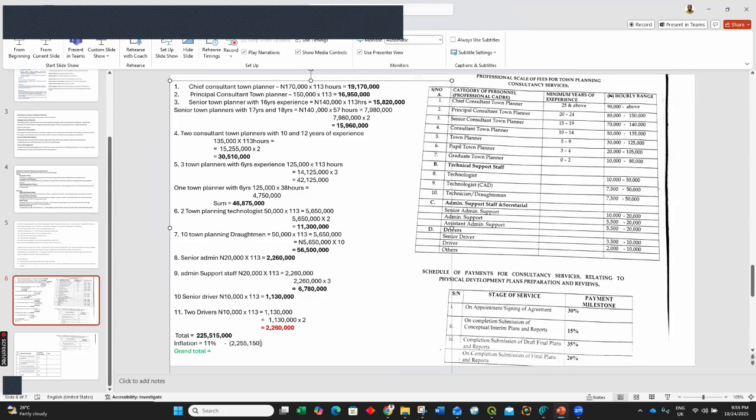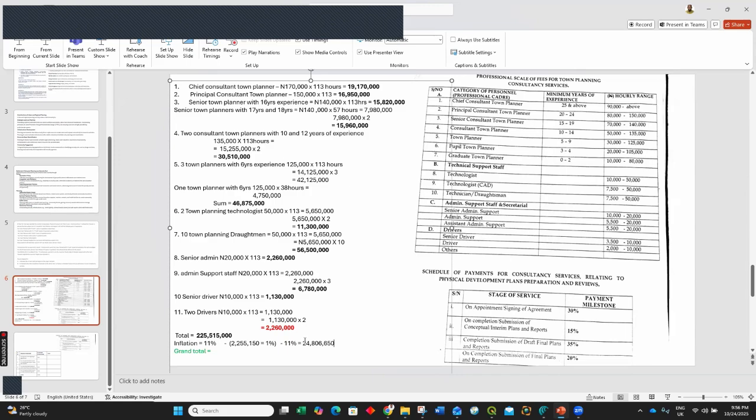So this is 1%, so 11% equals that 1% times 11. That is just it, as simple as that. So it's 24 M. So this is the inflation.